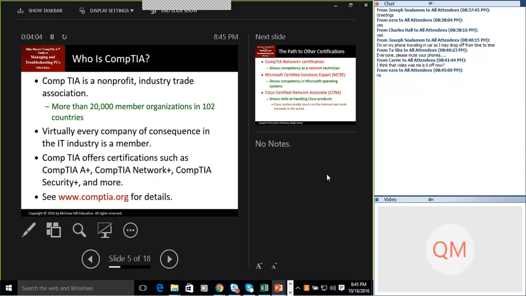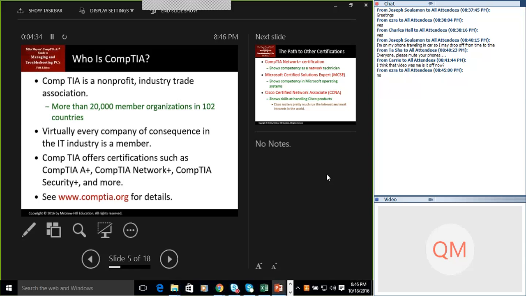Network plus is one step further in learning how to network computers and the different components that you need to manage your network and understanding how traffic flows on a network. And Security Plus, of course, is about cybersecurity and securing that network and those computers.